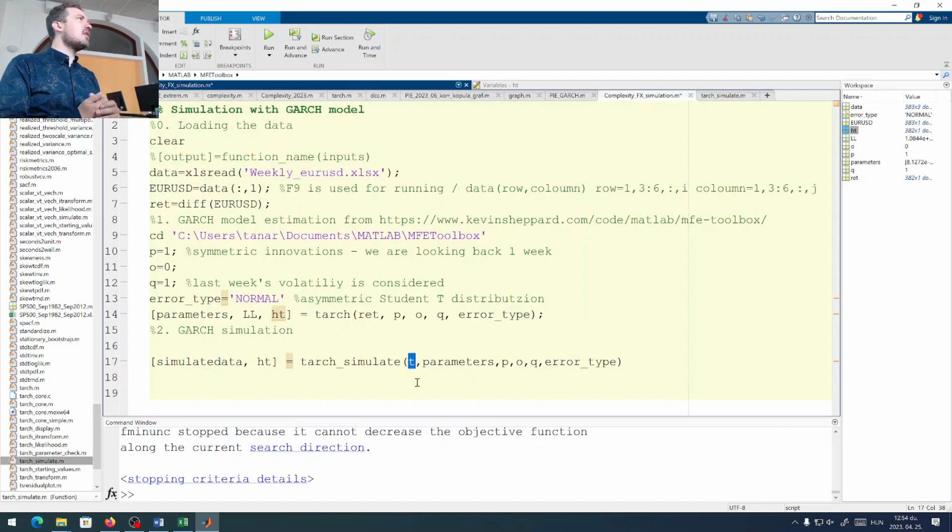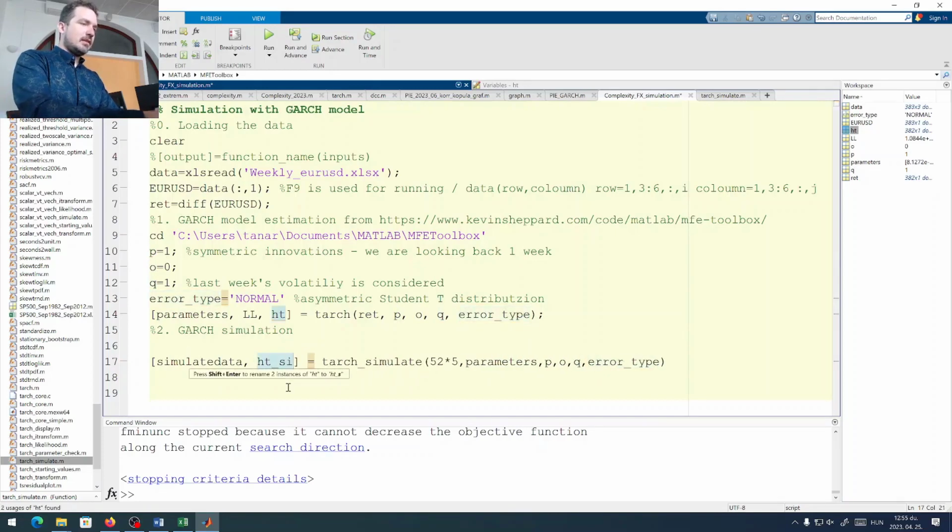Practically the company is looking ahead for the next 5 years, so T is 52 weeks in a year times 5 years. The parameters we already defined, so nothing to do here.